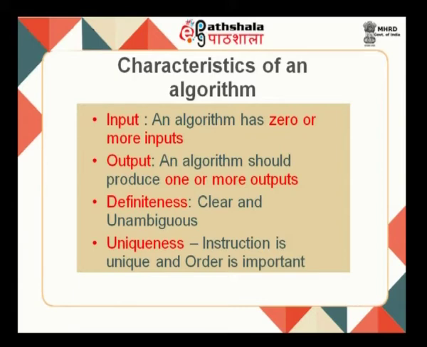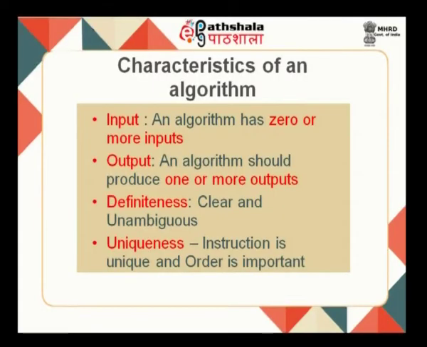Definiteness. What is definiteness? All the instructions of the algorithm should be clear and unambiguous. What does it mean? For example, I can't give an instruction like 1 divided by 0. This is not well defined, because I cannot predict the results.